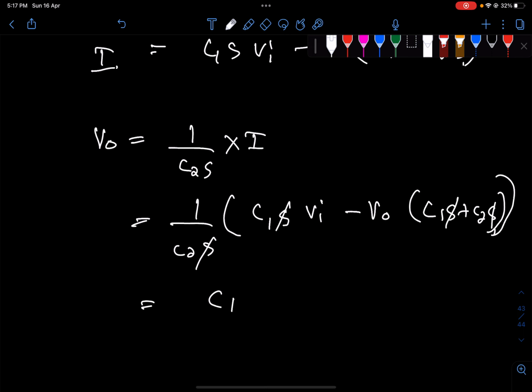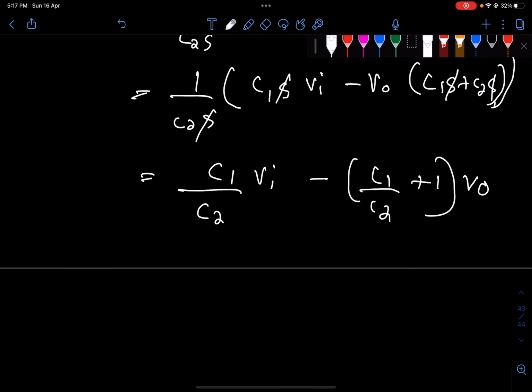That is C1 by C2 VI minus C1 by C2 plus 1 V0. So what will be the transfer function? V0 is just 1 plus, for you guys, what?